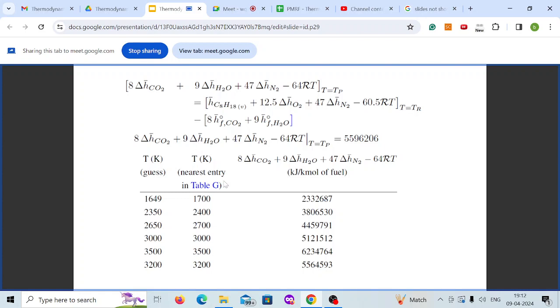Now similar to the previous problem, we will assume some temperature and try to find the temperature of the product. So we start with 1649, the nearest is 1700, and we get the left hand side as 2332687. That is way off from the actual value, so you take 2350, nearest is 2400, and it comes out 3806530.